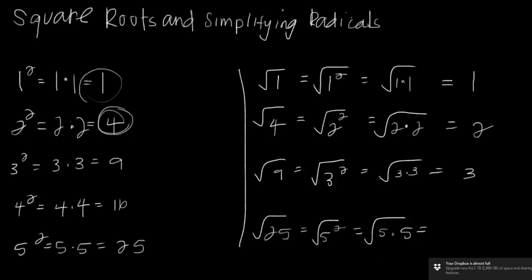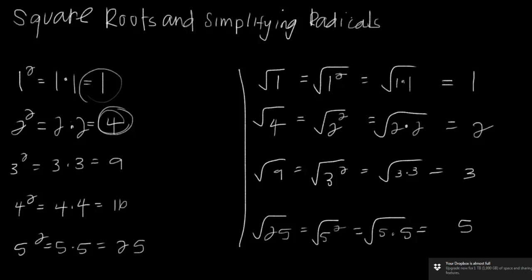That makes the square root of 25 just the number 5. So the easy thing about finding the square root of 1 and 4 and 9 and 25 is that they're perfect squares. I can even type the square root of 1 in the calculator and get 1.